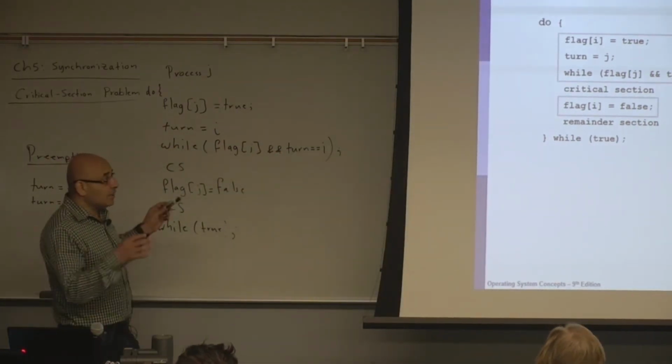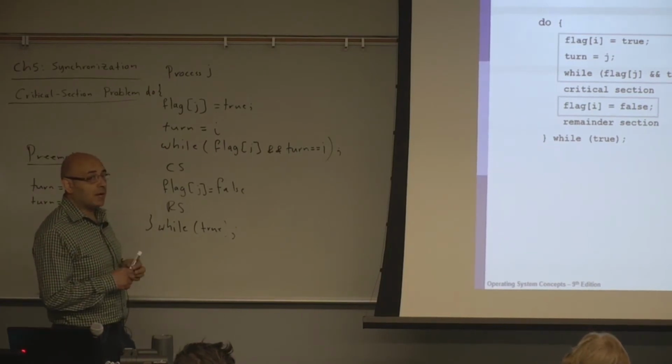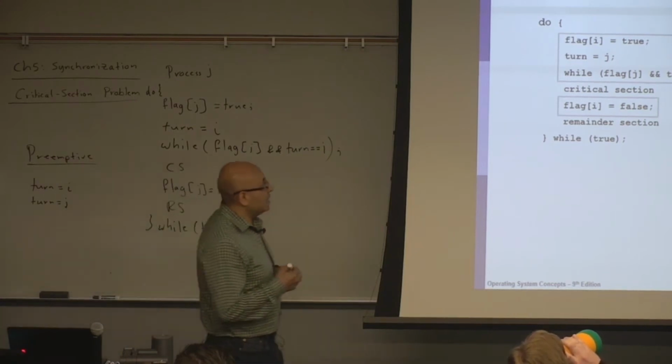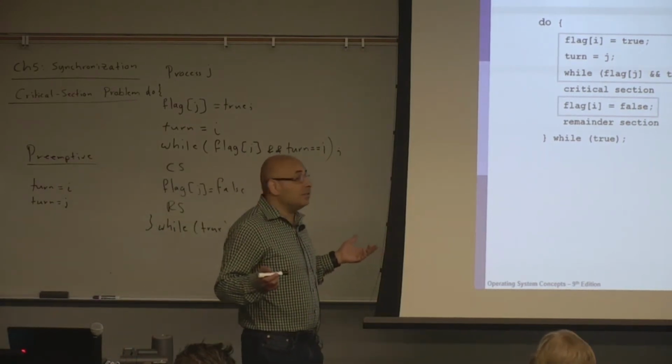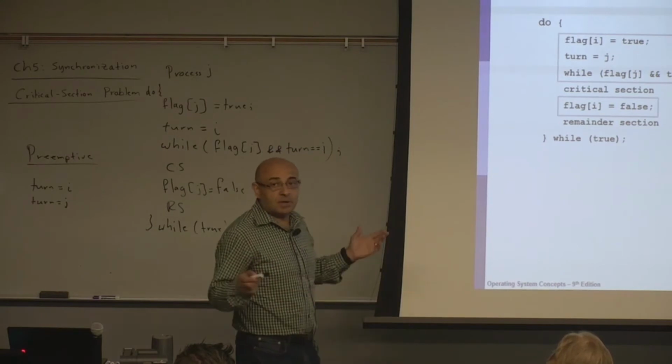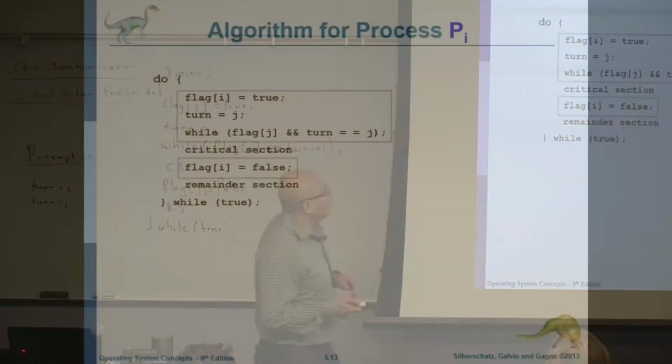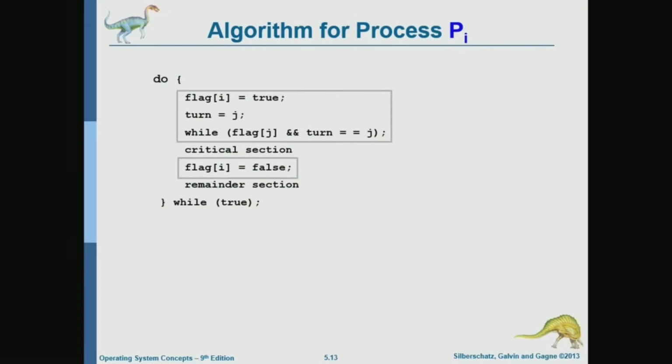Multiple processes execute the same code, and they can be on the same line or on different lines, and we have to account for all possibilities. If I is the current process, this is the code that we will have on the I side, and on the J side, this is what we will have. This is just the same code, but with every I changed to J and every J changed to I.